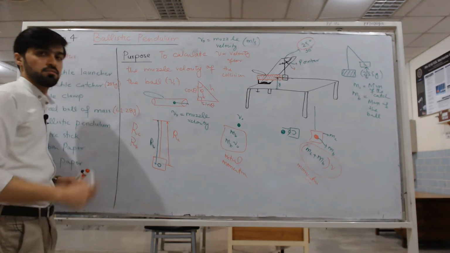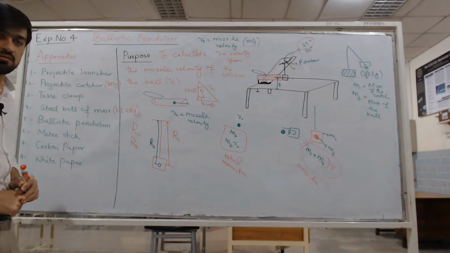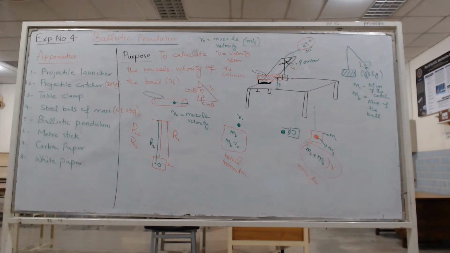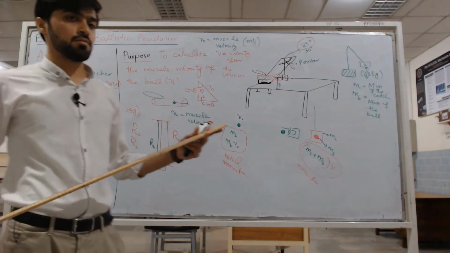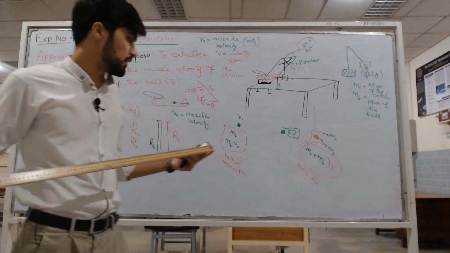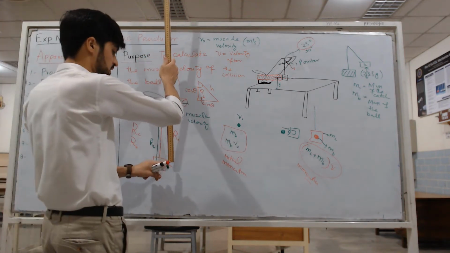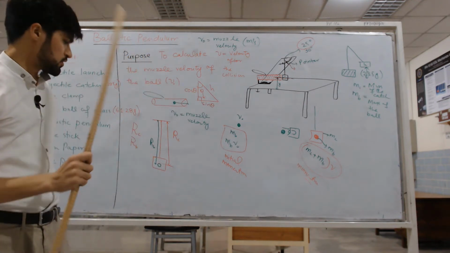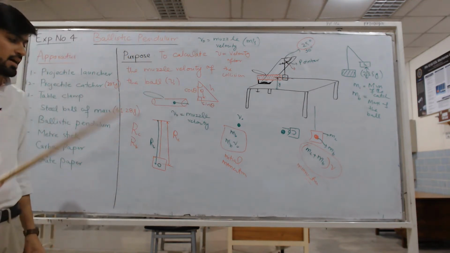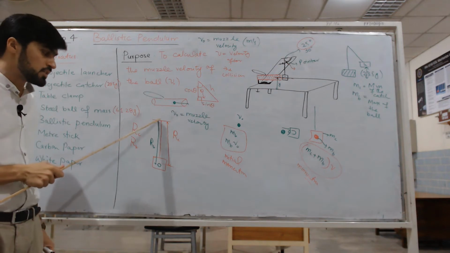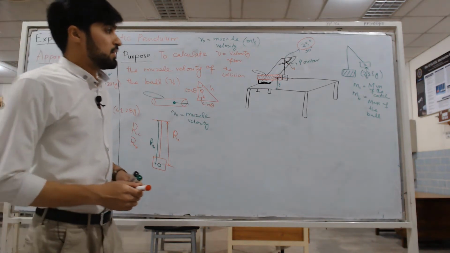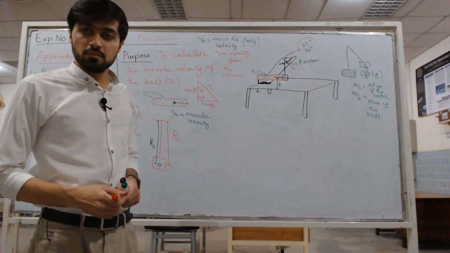We can simply measure these using a meter stick, a meter rod, by placing it here and reading this many centimeters and this many centimeters. There will be a little difference between RC and RB. So RB is calculated from this to this. Now another thing is, let's understand the maximum height.